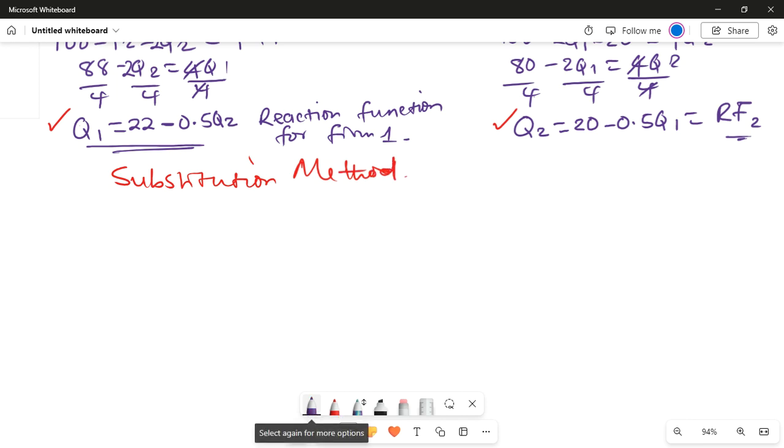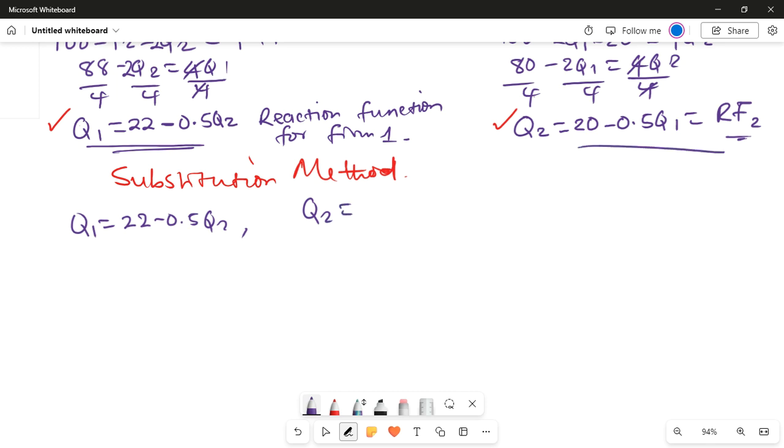How? Since we have the reaction function for Firm 1, which is 22 minus half, which is 0.5 of Q2, and at the same time we also have Q2, which is 20 minus 0.5 Q1, what we'll do is get Q2 and substitute it there. So Q1 is equal to 22 minus 0.5 open brackets, what is Q2?